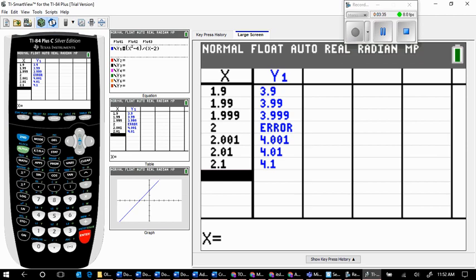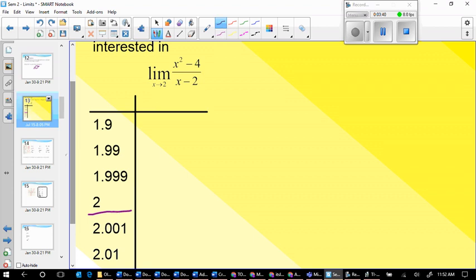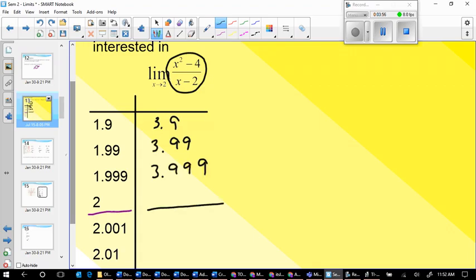Let's write down these values. I've got 3.9, 3.99, and 3.999. So we'll put them in here. My f of x function, which again is this equation that we're plugging x into, is 3.9, 3.99, 3.999. When it gives me an error here, what does that really mean? It means that my function is undefined at that location.